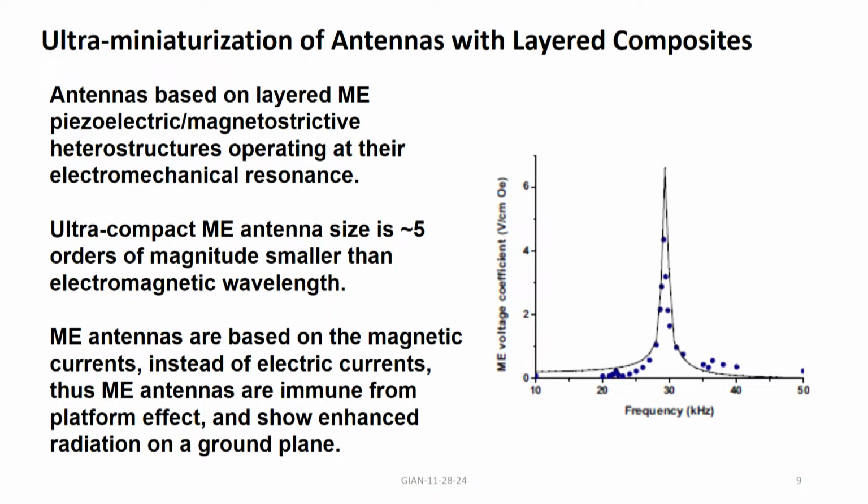You have to drive the composite to resonance condition. As shown here, we know that the voltage coefficient peaks at resonance. It can be bending resonance or longitudinal resonance. So, if you can reach that condition, then the antenna can be miniaturized.